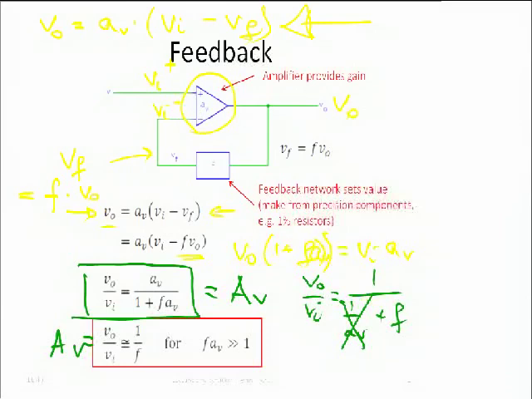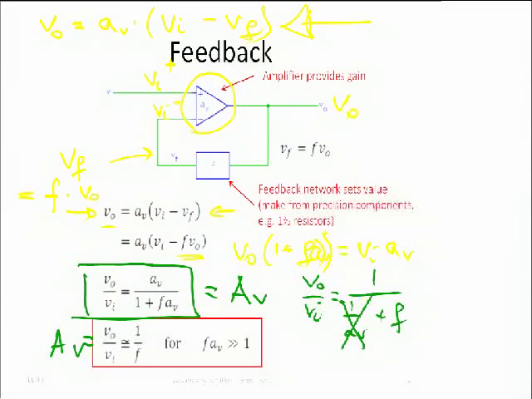It could be 1 million, 100,000, maybe even 10 million in some operational amplifiers. We don't even know the exact value. The closed loop gain depends only on this factor F. So if we can produce that factor F, for example using a voltage divider, with a very precise and definite value, then the overall closed loop gain has a very precise and definite value, regardless of this term varying a little bit.